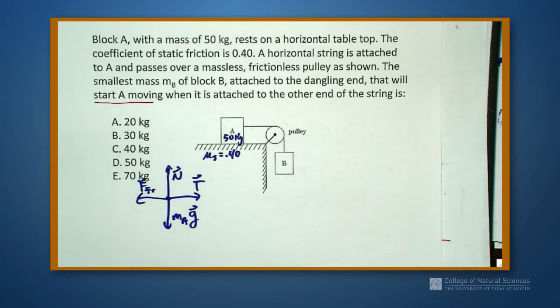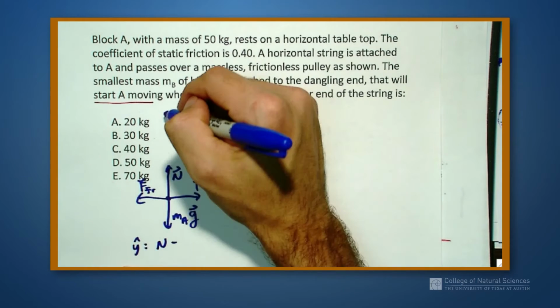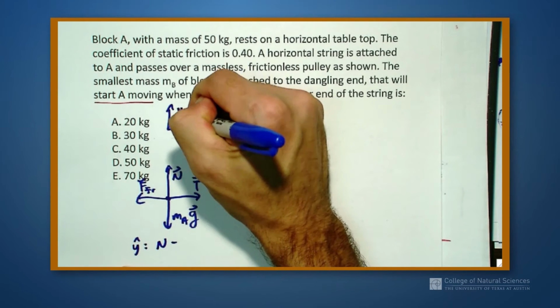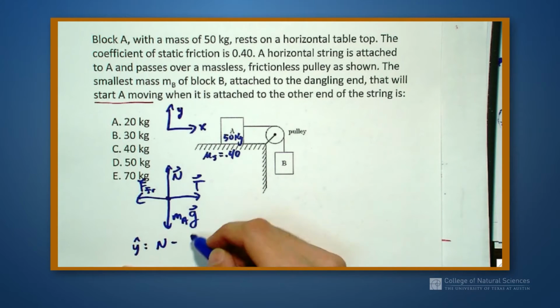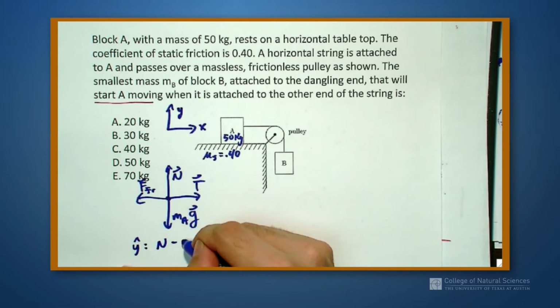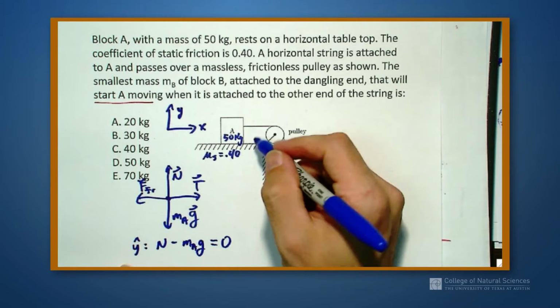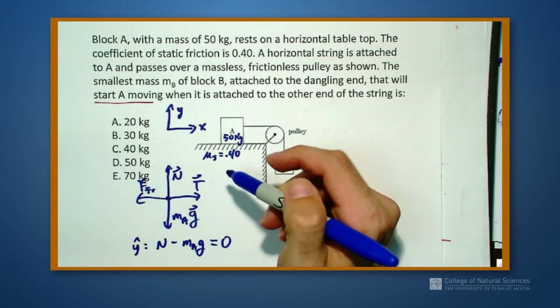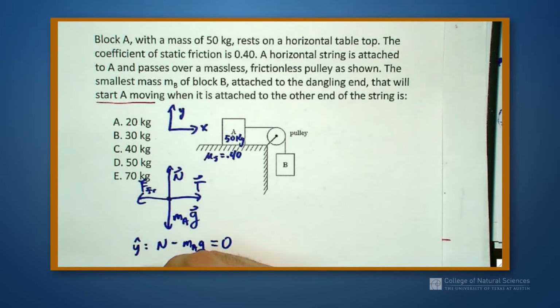If I look at the y components, I should probably draw a coordinate system. In the vertical direction, I have normal up, my weight force down, and this block is not moving up or down, which means that my normal force is equal to my weight force.